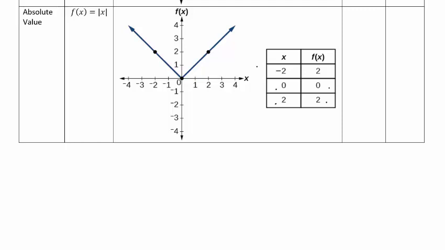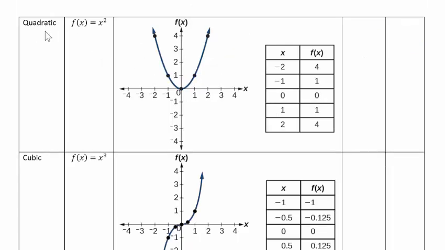So I would encourage you to memorize these special points or memorize the pattern to create the graph of all of these toolkit functions. And the domain is all real numbers. And the range starts at 0 and then goes to infinity. So bracket 0, comma infinity.